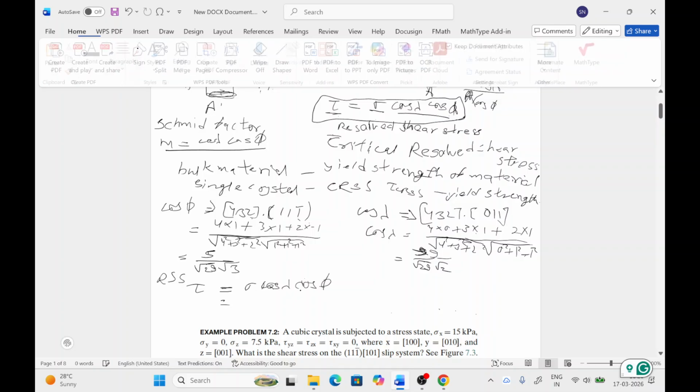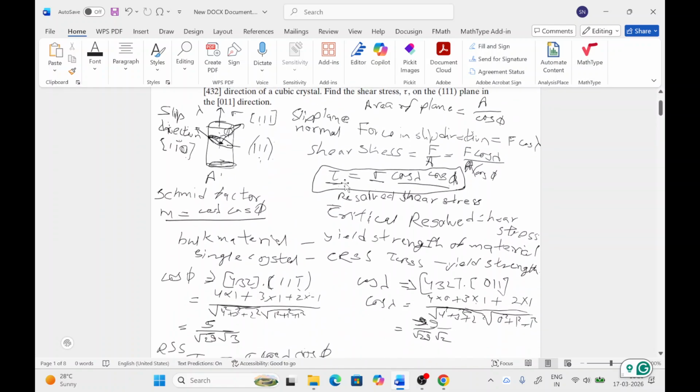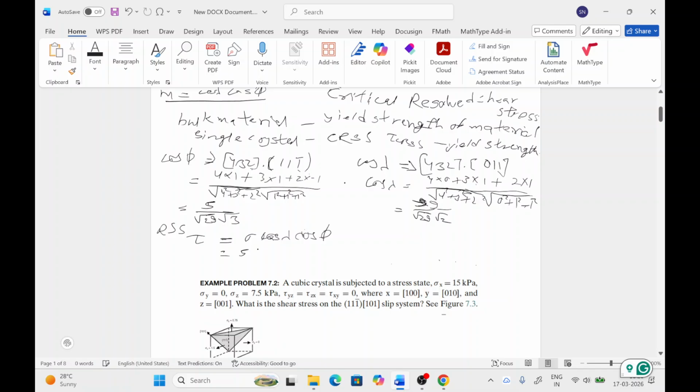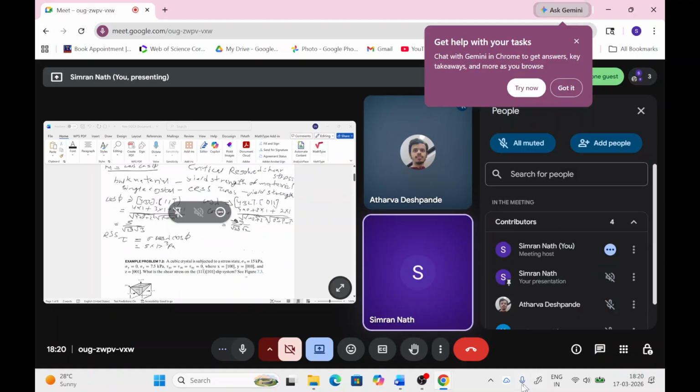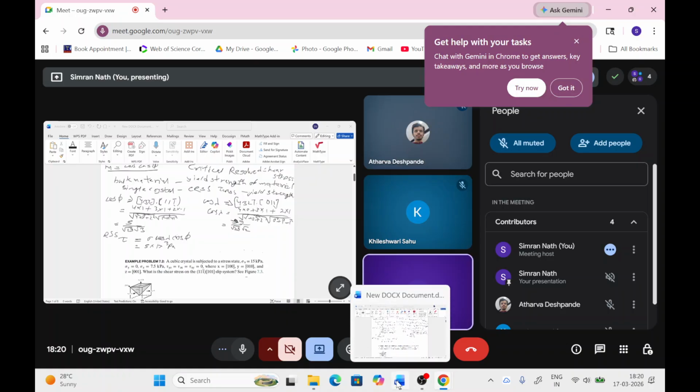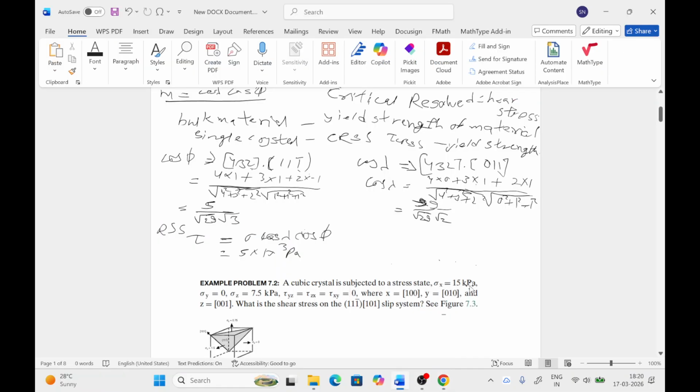The applied stress is 5 kPa, 5 into 10 raised to the power 3 Pascal, into 5 by square root of 29 square root 3 and 9 divided by square root of 29 square root of 2.